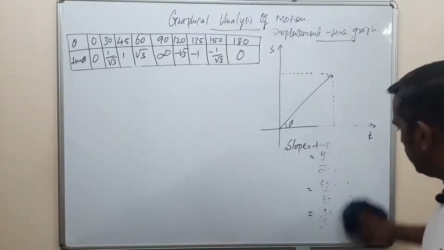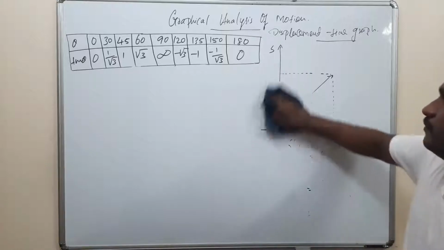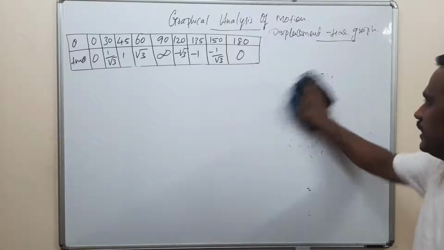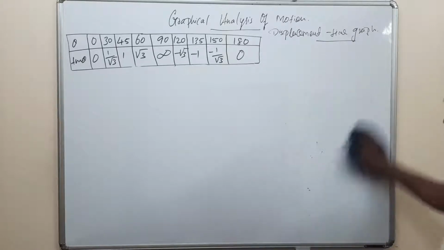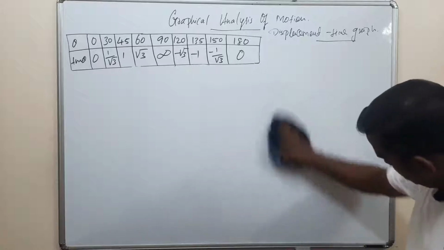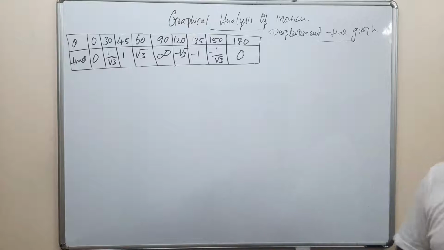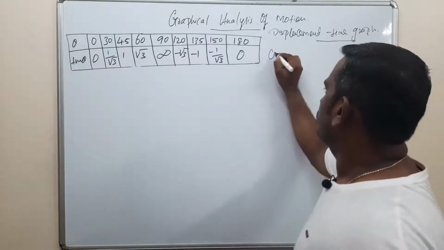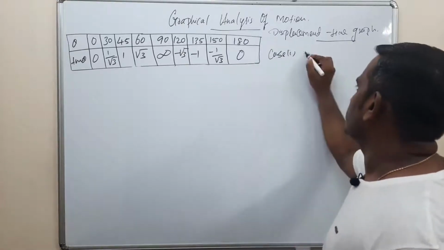So we are going to study the displacement time graph. The slope of the displacement time graph gives the velocity of the motion. We are going to study different displacement time graphs. Case 1, body is at rest.